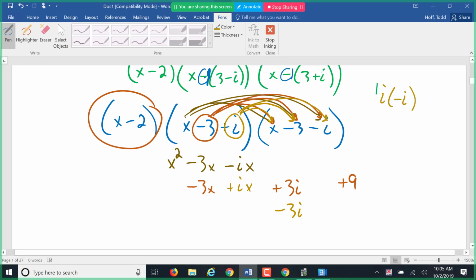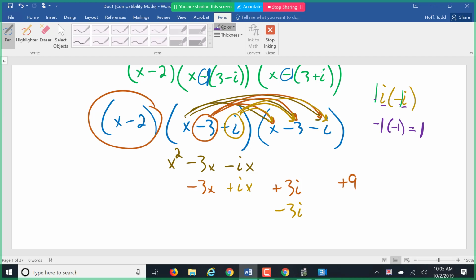Well, I'm going to treat this as a 1i times a negative 1i. 1 times negative 1 is negative 1. i times i is also negative 1. So negative 1 times negative 1 is a positive 1. So i times negative i is a positive 1.